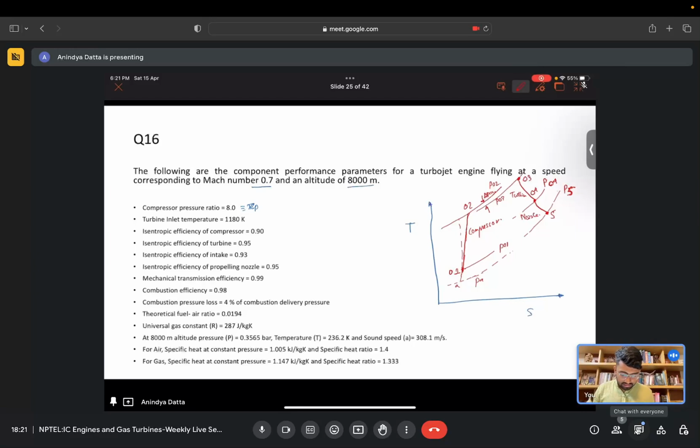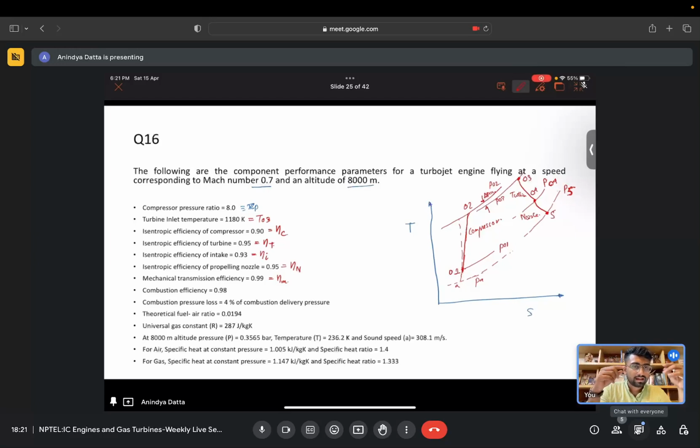Now, referring to this TS diagram, let's see what the given data is. The turbine inlet temperature will be T03, the isentropic efficiency of the compressor is eta C, of the turbine is eta T, of the intake, let's say, is eta I, and of the nozzle is eta N. The mechanical transmission efficiency is eta M. In an aircraft engine cycle, the turbine work is just sufficient to run the compressor, with no additional work produced.